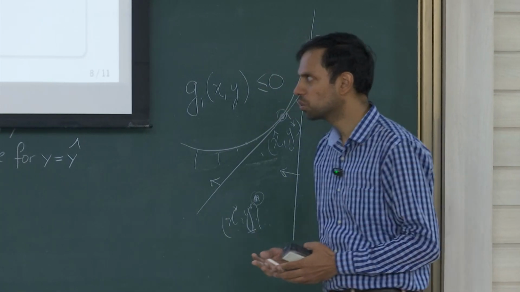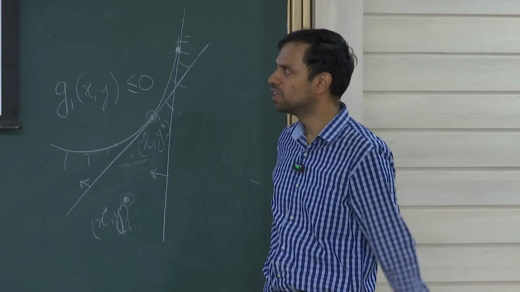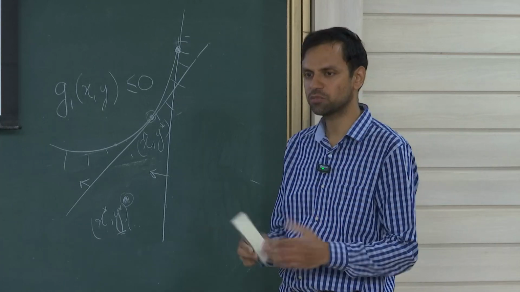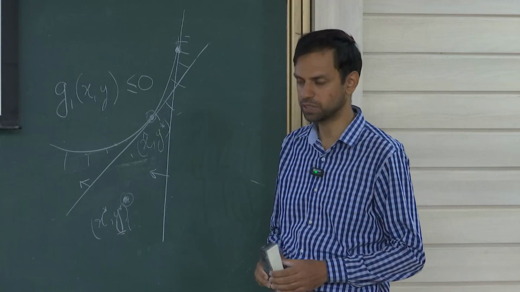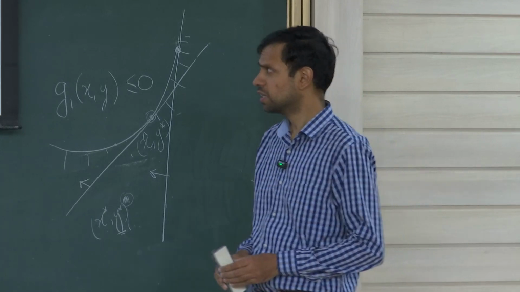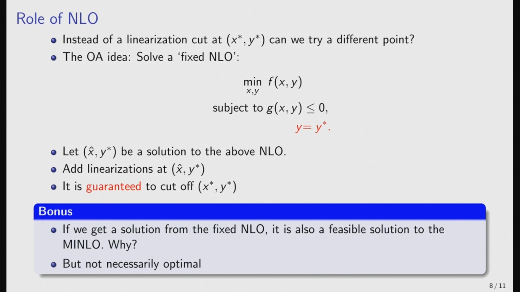So then I get a feasible solution to the original model, and that gives me a good upper bound and helps in pruning a lot of search space. This solution that I may get as a bonus is not necessarily optimal, but still quite useful.